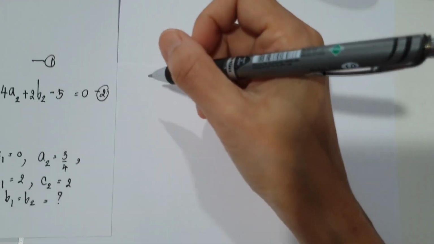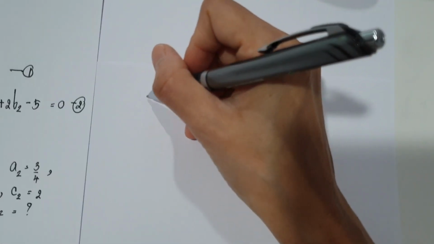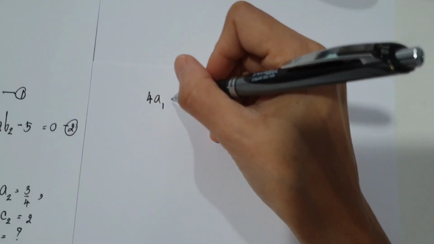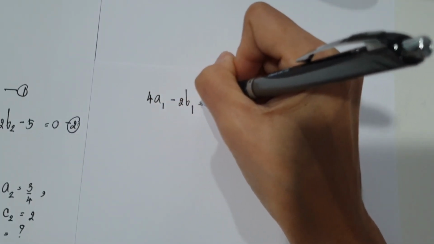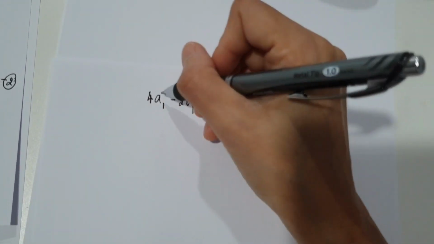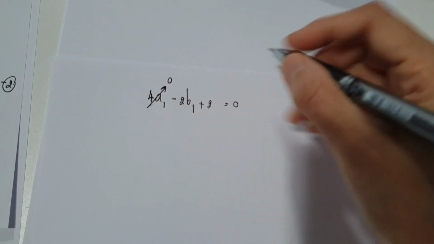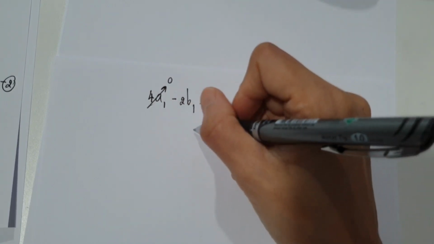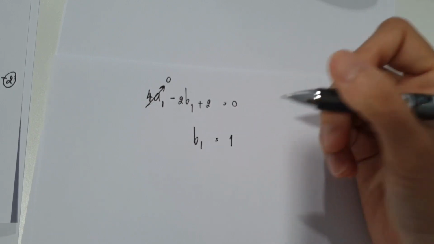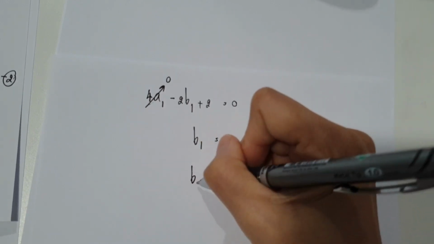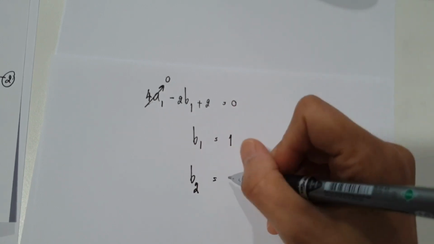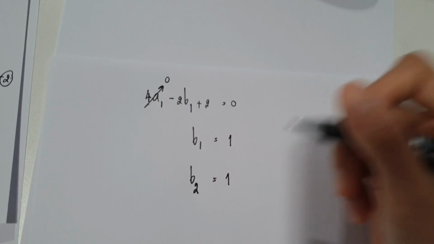If you go back and see equation 1, which is 4a1 minus 2b1 plus 2 equal to 0, and you assume that a1 equal to 0, from here you will get b1 equal to 1. Because b1 equal to b2, b2 also equals 1.